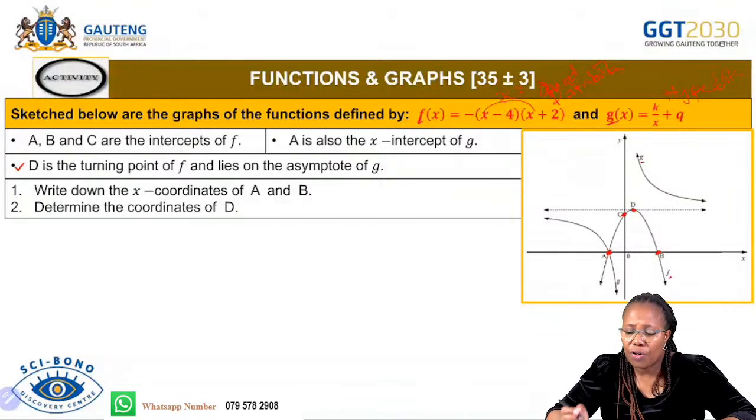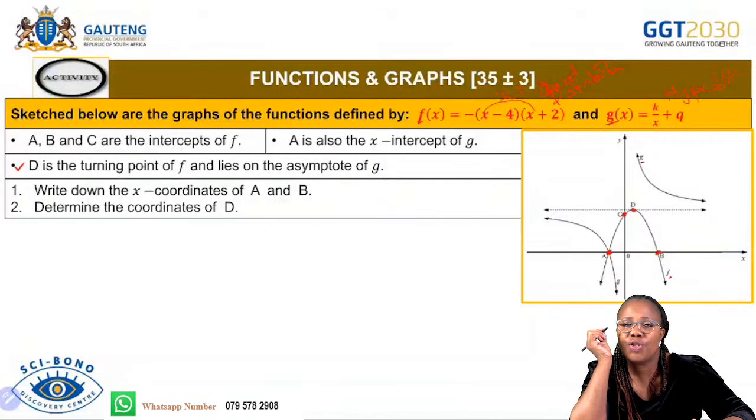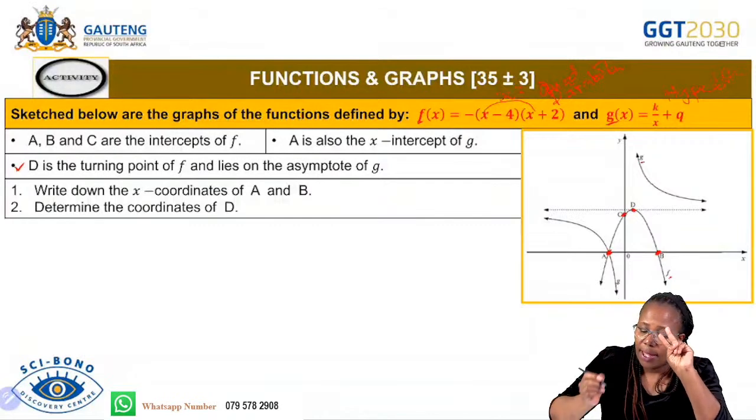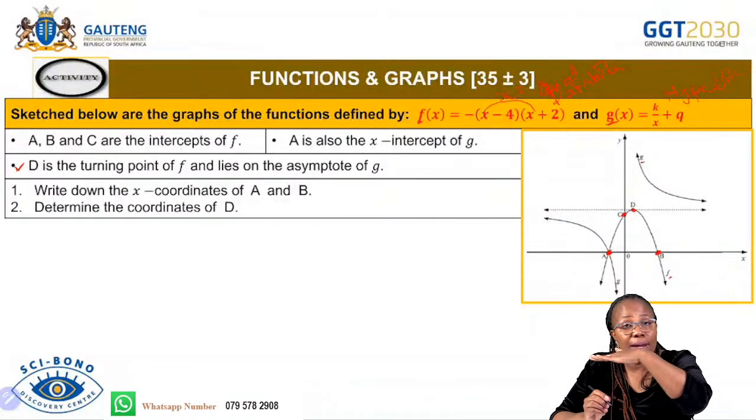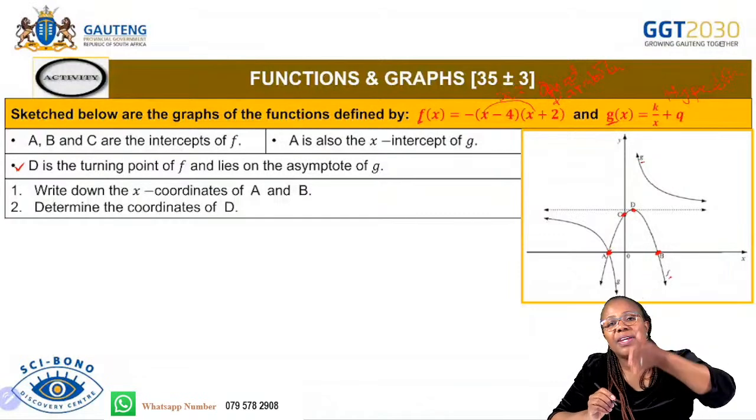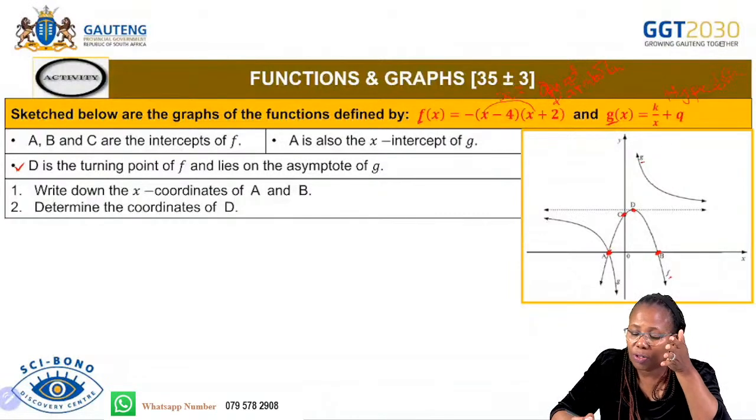Okay, now grade 12, with your hyperbola function, we are having two asymptotes. The first one is the horizontal one. Yes, it will be dotted. But the vertical one is very critical because it's always x equal to 0. As you can see that this is plus 0. There is no number added, therefore it's 0. So that one, it will be x equal to 0.